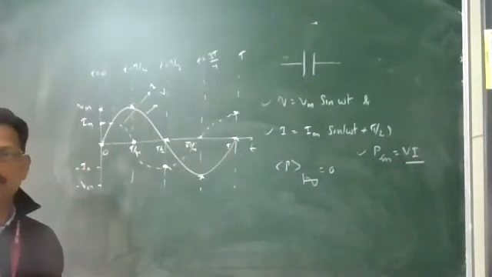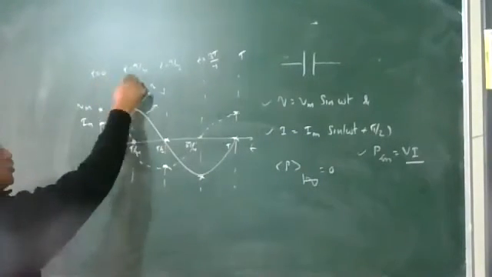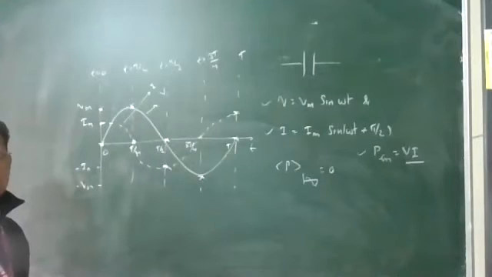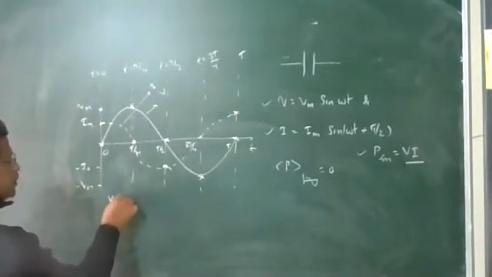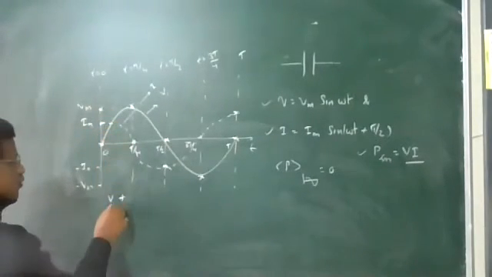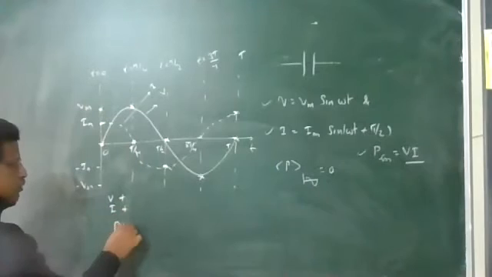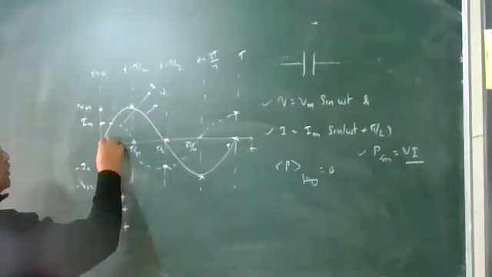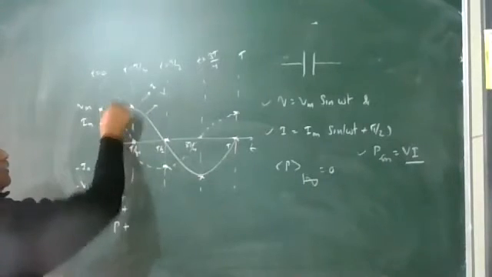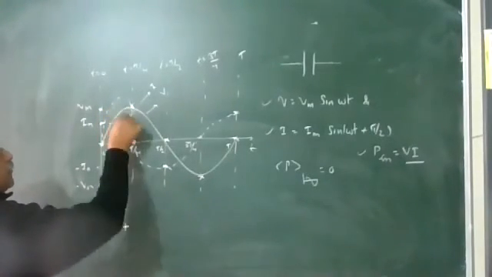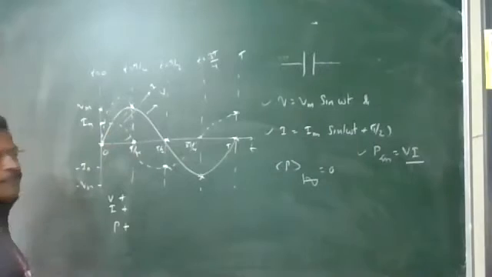What will be the instantaneous power here in the time 0 to T by 4? In this time, you can see V is positive and I is also positive. So power is positive. I'm going to draw this power positive from 0 to T by 4.